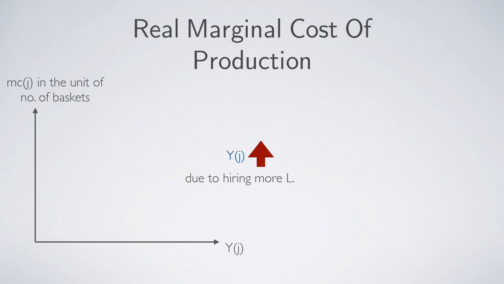Remember that the marginal productivity of labor decreases when you hire more labor, so productivity falls when you produce more. And when the productivity of labor decreases, it increases your real marginal cost of production. Therefore, if we draw real marginal cost against the output level, it will be an upward sloping line.